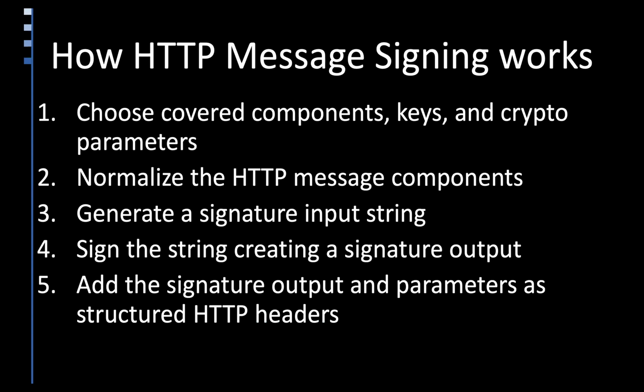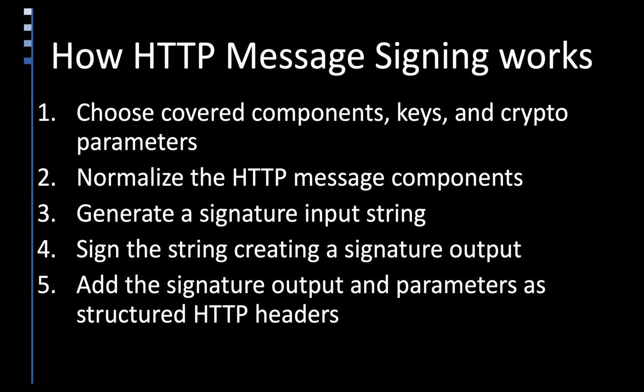So here's how the message signing draft works. This is completely separate from OAuth or any other kind of security protocol. This is just, you have an HTTP message and you want to sign it. So how do you do it? Well, first, you figure out which components of the message you want to sign. Are you signing some or all of the headers? Are you signing the method?